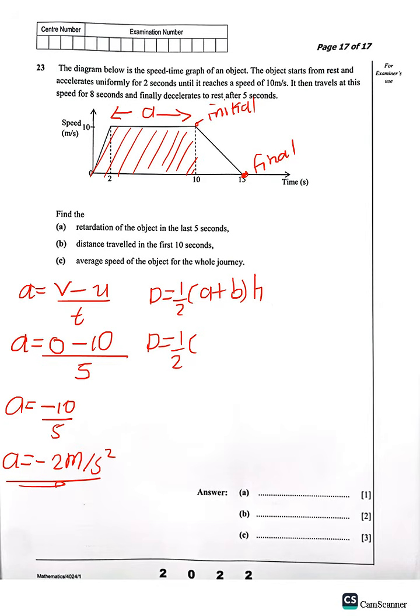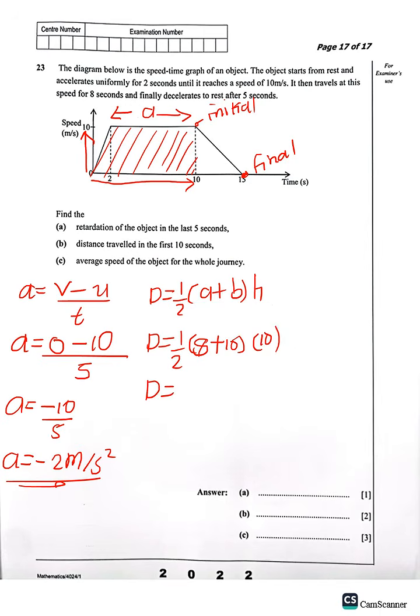To find the value of A, you need to move down to the x-axis. What is the difference between 2 and 10? It's 8. Plus the value of B, from here up to here, it's 10. Then our height is also 10.